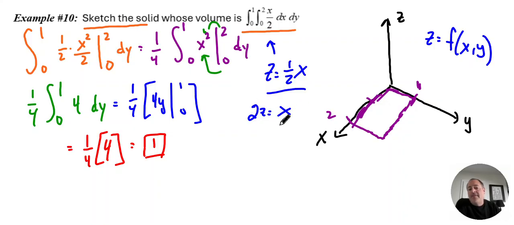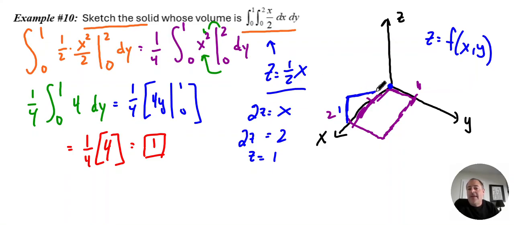All right, so that means that when x is equal to 2, so I'm looking right here, when x is equal to 2, that means z is equal to 1. So I know that I can draw a distance of 1 right here from when x equals 2. My height of my prism is going to be 1. Since this is a line, another thing that I can do here is that when x equals 0, z is also 0, and it's a line that's going to go like this.